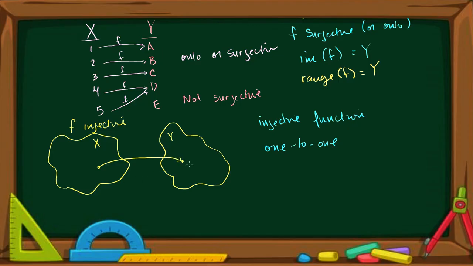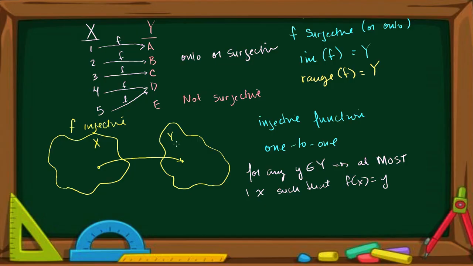Or another way to say it is that for any y that's a member of y, let me write it this way. For any y that is a member of y, there is at most one, let me write most in capital, at most one x such that f of x is equal to y. There might be no x's that map to it. So for example, you could have a little member of y right here that just never gets mapped to.